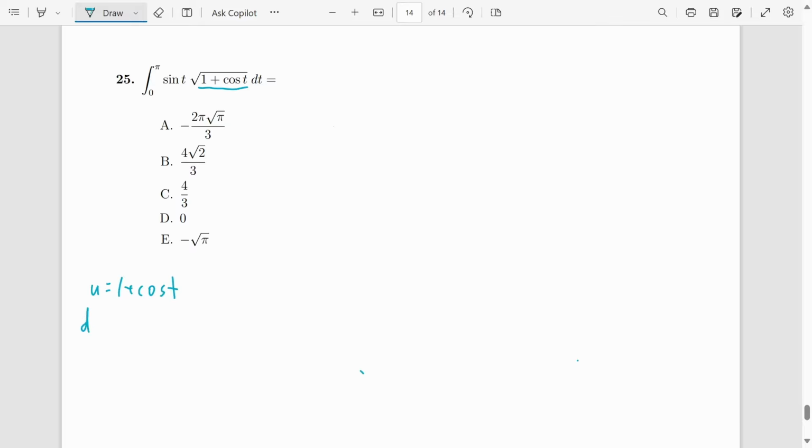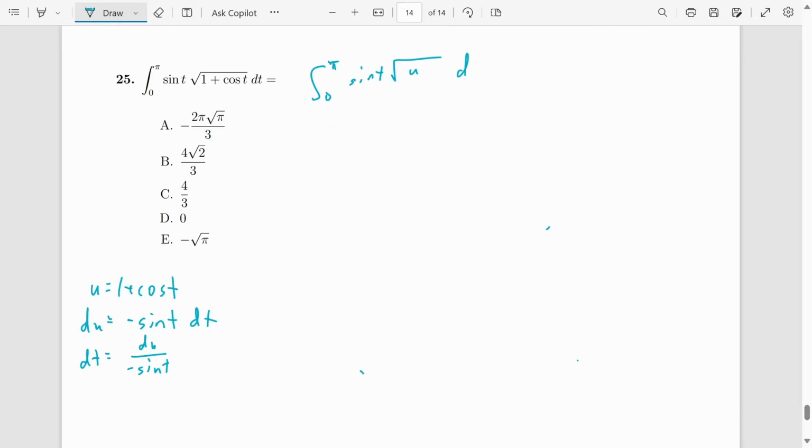Taking its derivative, we get du equals, this is going to be negative sine of t dt, and then solving for dt, we get du over negative sine of t. So plugging in everything that we know, we get the integral from 0 to pi of sine t times the square root of, we said 1 plus cosine of t is equal to u.